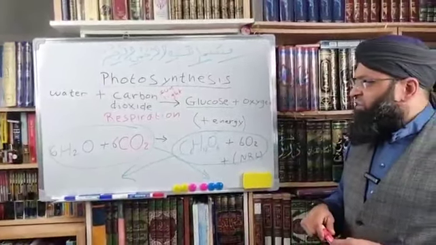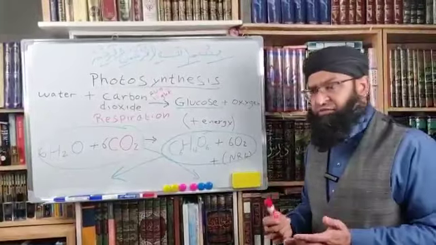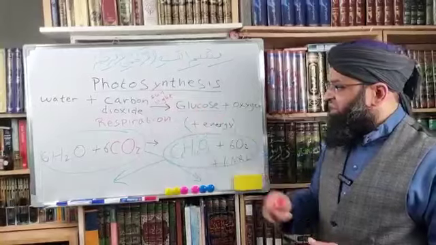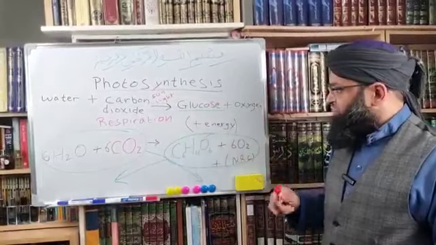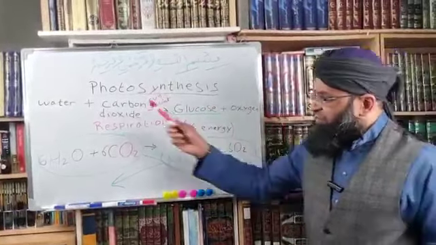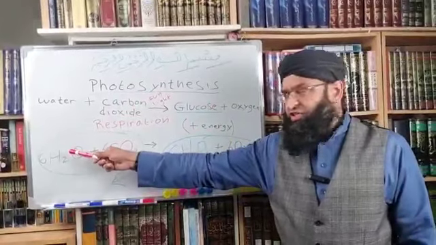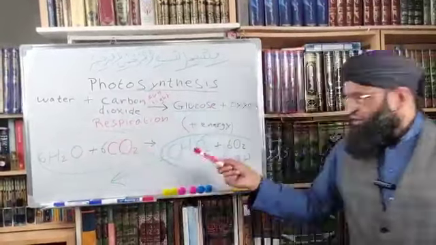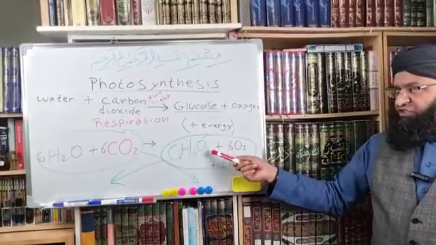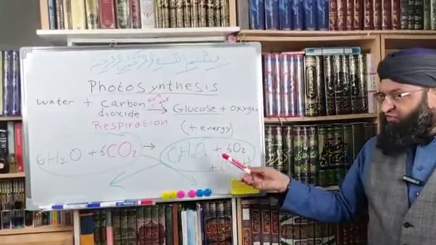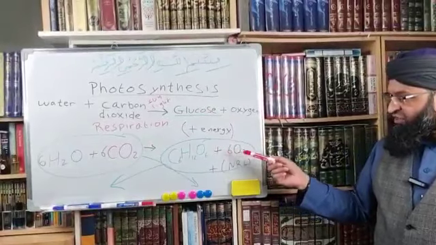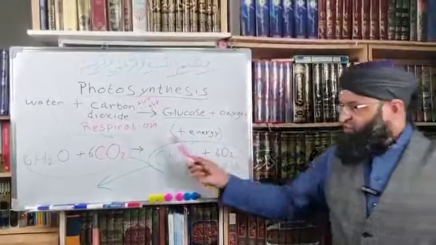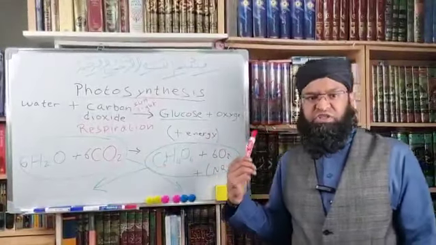There can be a few exceptions where artificial light can be used, but for the sake of our video, sunlight. Use the glucose and oxygen plus energy. The balanced equation, as we've already mentioned: 6H2O, 6 molecules of CO2, gives C6H12O6, glucose, 6 molecules of O2, oxygen, plus energy. Turn it around, and you've got respiration.